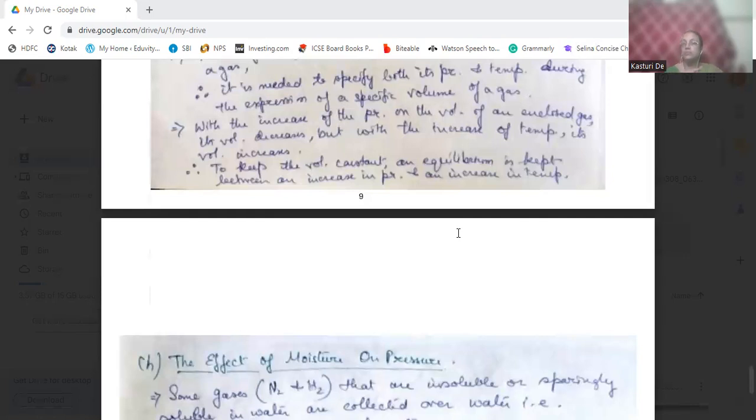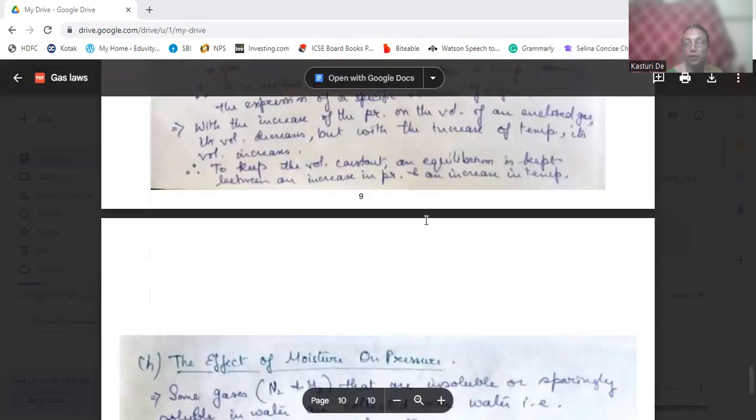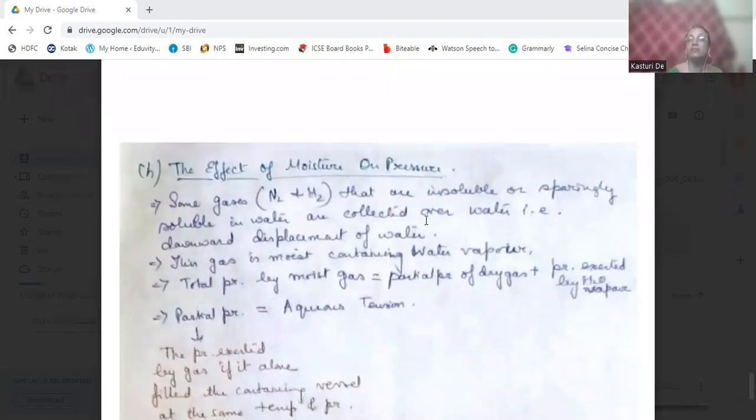Volume has to be constant, so if we need to keep the volume constant, the pressure and temperature have to be increased in a balanced way.